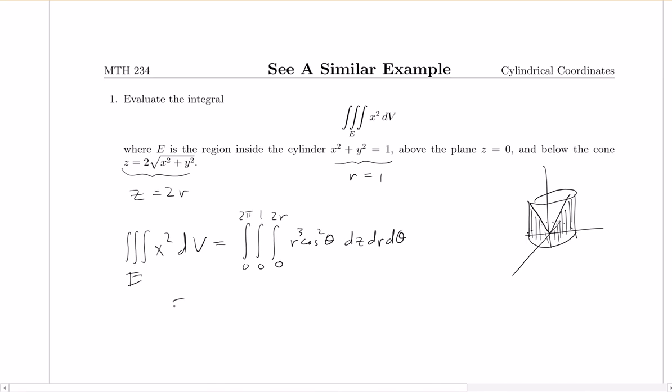And now we just do the triple integral. So there's no z in the integrand function, so the first integral just multiplies everything by 2r. So we get r to the 4th cosine squared theta.